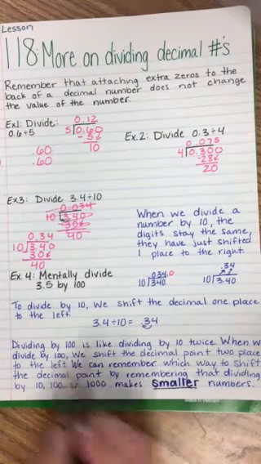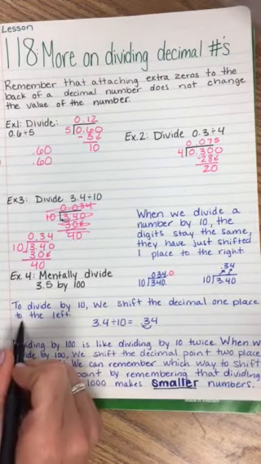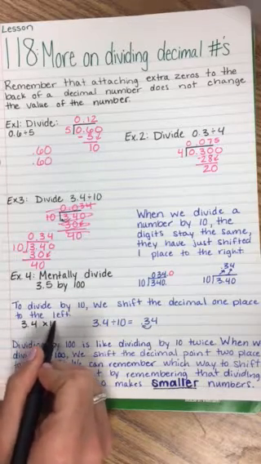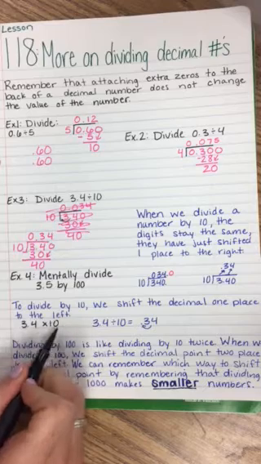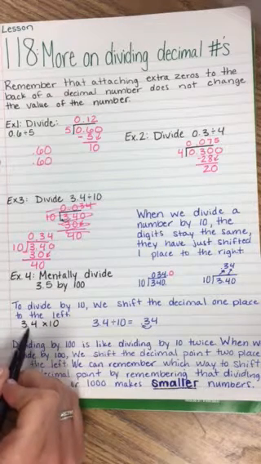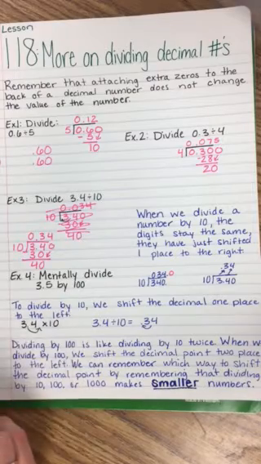So, for example, if you had 3.4 and you were multiplying it by 10, you would be making it bigger, okay? 10 times bigger. So you would make this number bigger, okay?